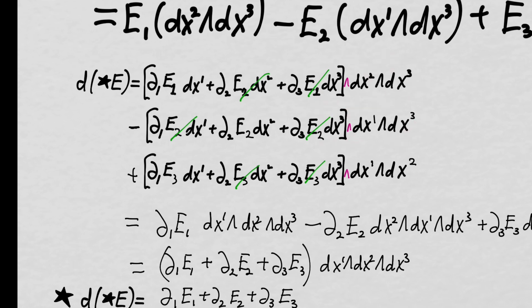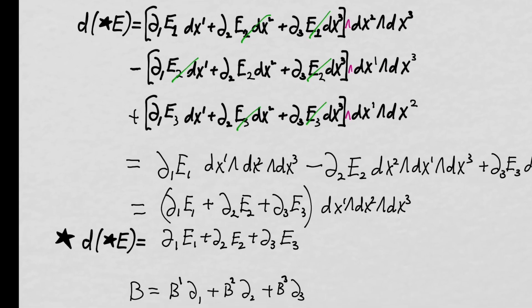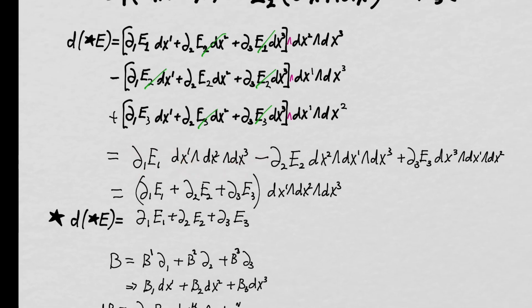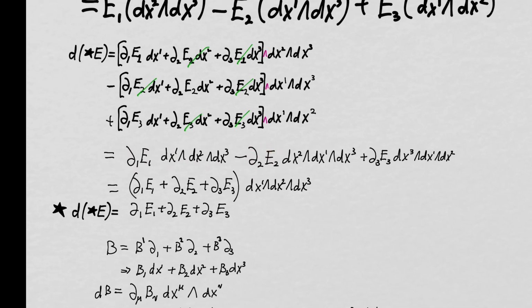They're all the same. The three form space in three-dimensional space is one dimension. In other words, there's only one three form: dx1, dx2, dx3. So we shuffle these around, and every interchange introduces a minus sign. In the end, you get partial 1 e1 dx1 wedge dx2 wedge dx3, minus partial 2 e2 dx2 dx1 dx3, and partial 3 e3 dx3 dx1 dx2.